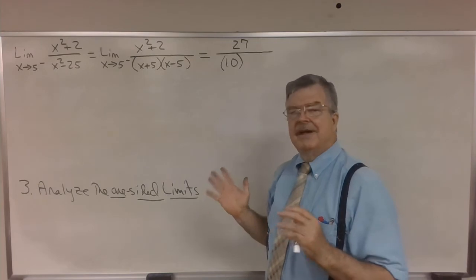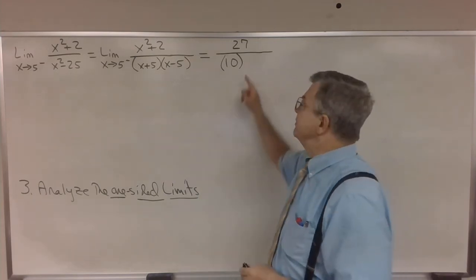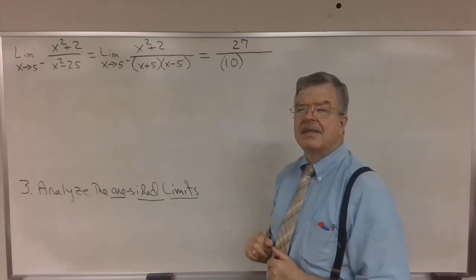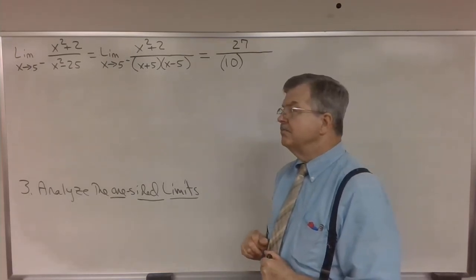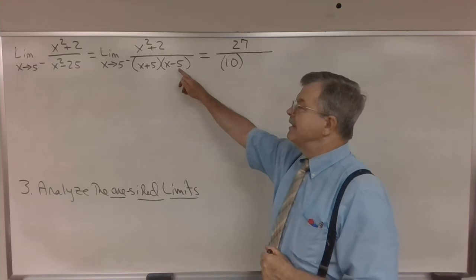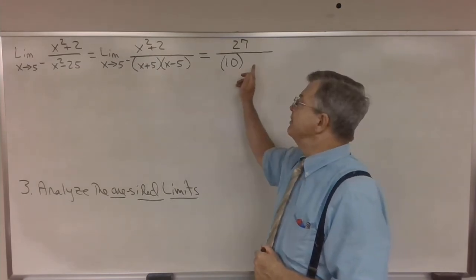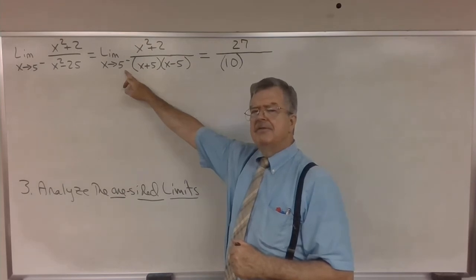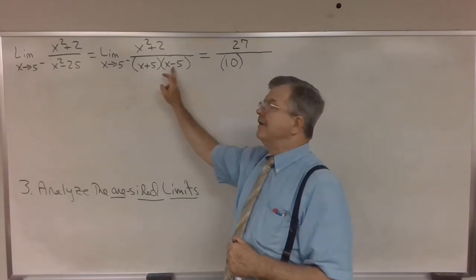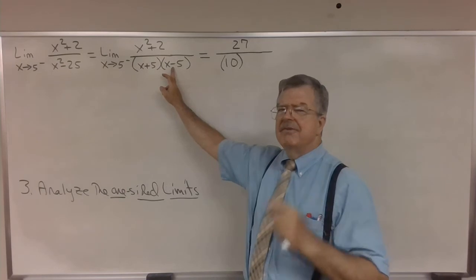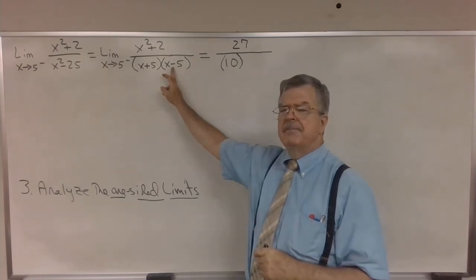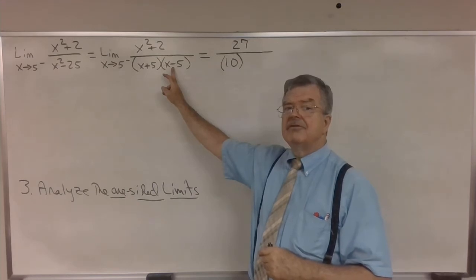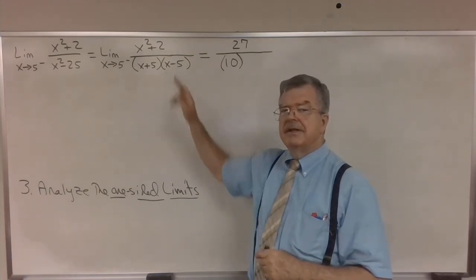I can't write 0 because then I'll be saying I'm dividing by 0. And it would be a kind of a lie for me to put 0 here, since x never actually becomes equal to 5, so x minus 5 never actually becomes equal to 0. But it gets really, really, really close.